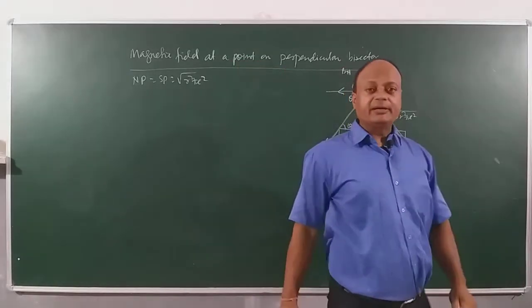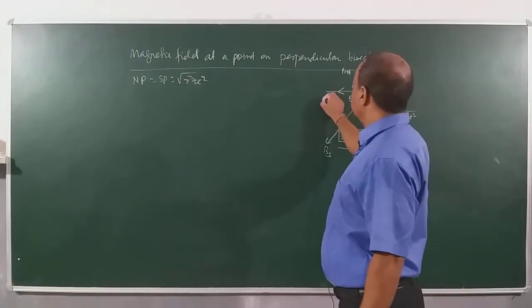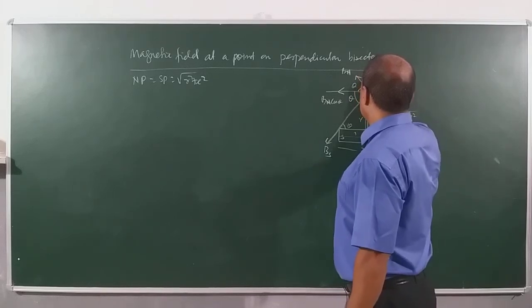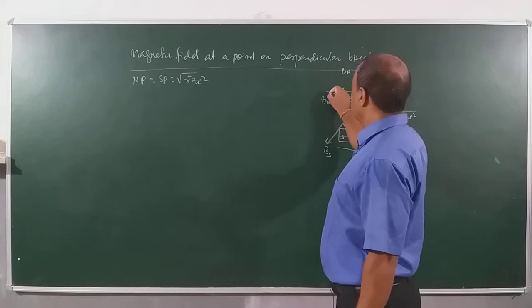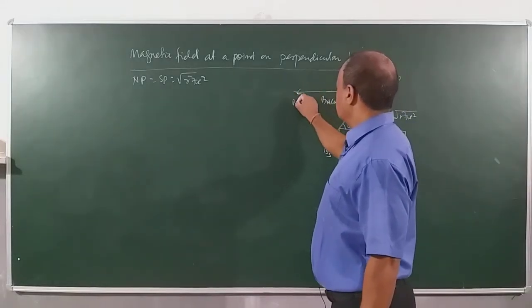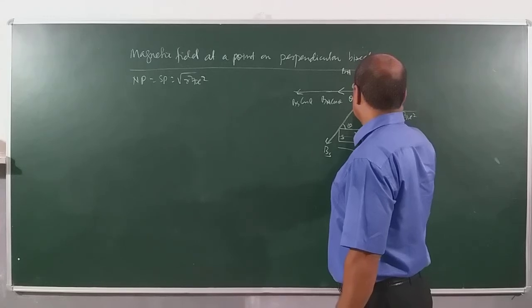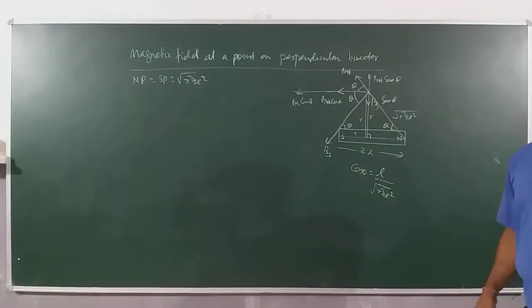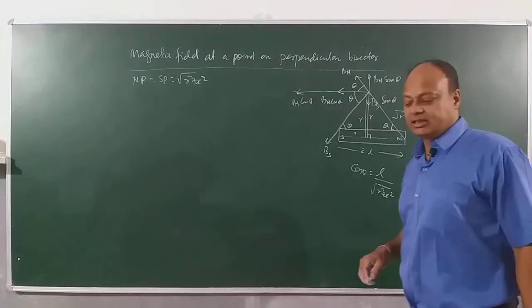If I resolve Bn, its horizontal component will be Bn cos theta, and its vertical component will be Bn sin theta. If I resolve Bs, its horizontal component is Bs cos theta, and its vertical component is Bs sin theta. Clear? So you can see along the perpendicular direction they will be cancelling each other. Why?